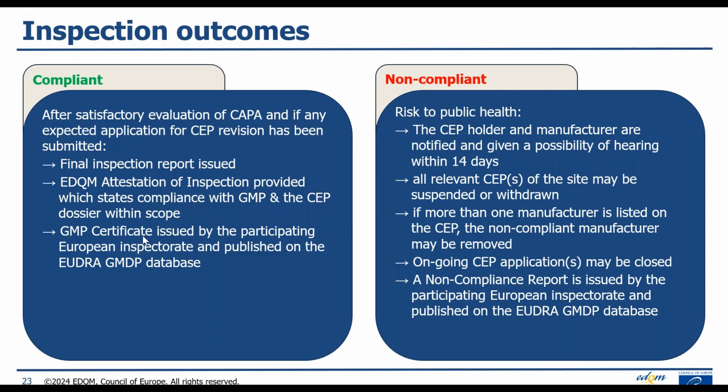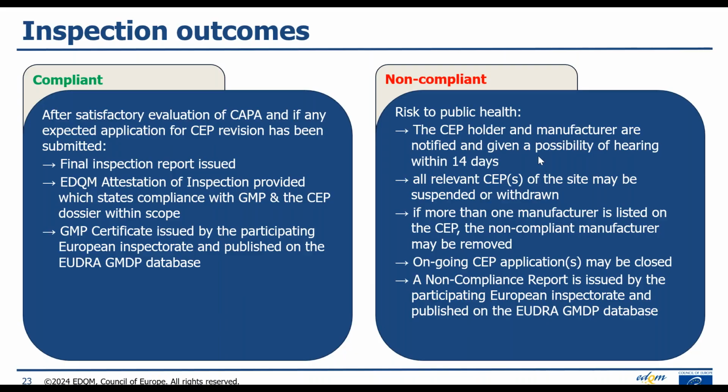And then the GMP certificate would be issued by the participating European Inspectorate, and it will be published on the EudraGMDP database. This will be the other member of the inspection team coming from the European National Competence Authority that would look after that, as I mentioned.